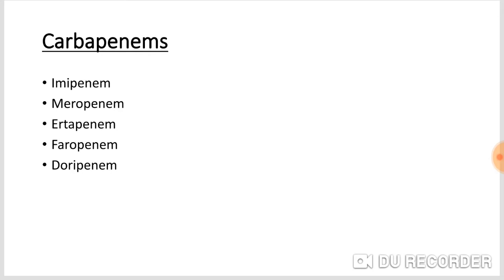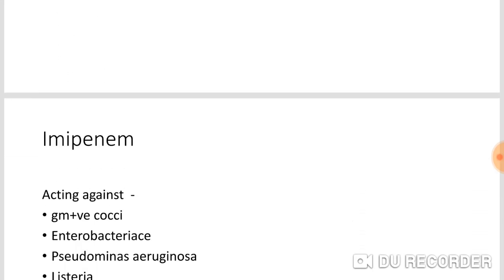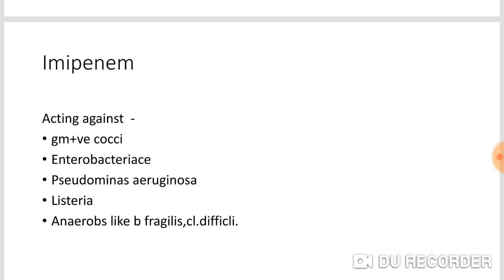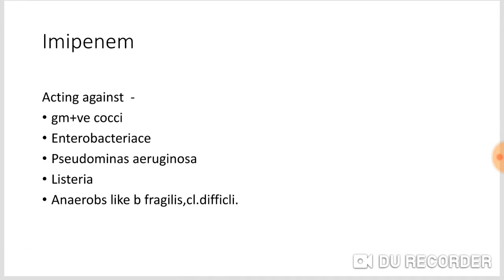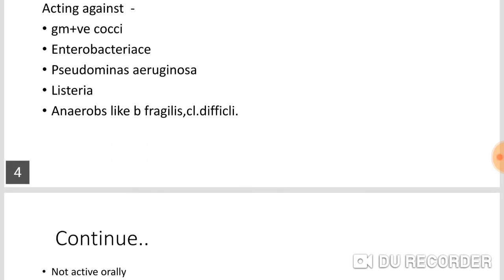These are carbapenems. Then we take these carbapenems one by one. First I will take imipenem. It acts against gram-positive cocci, Enterobacteriaceae, Pseudomonas aeruginosa, Listeria and anaerobes like Bacteroides fragilis and Clostridium difficile.